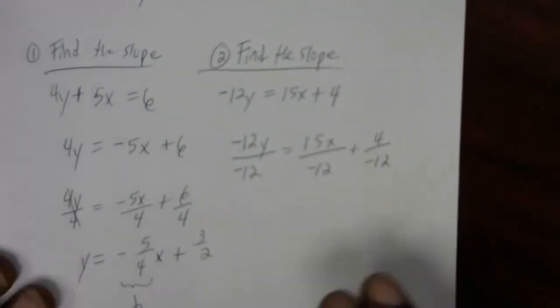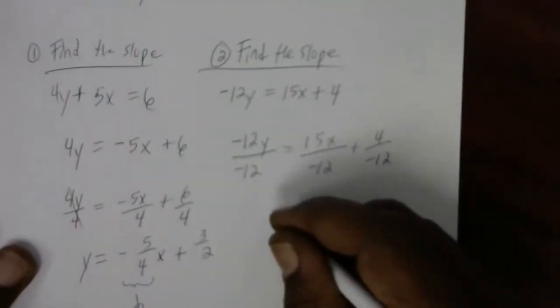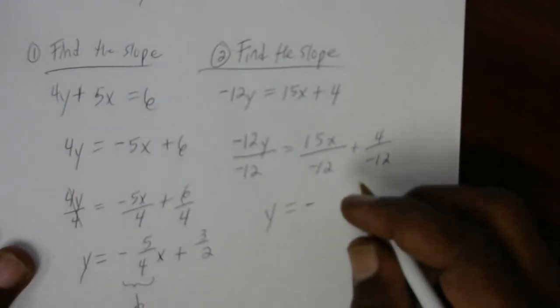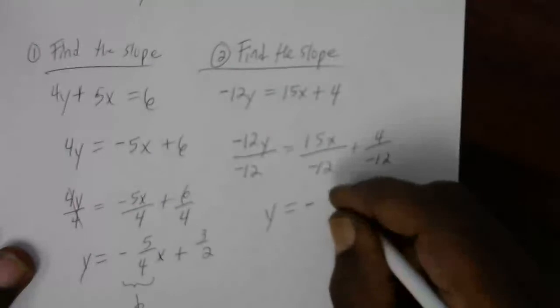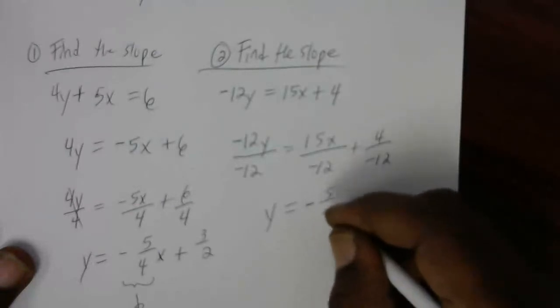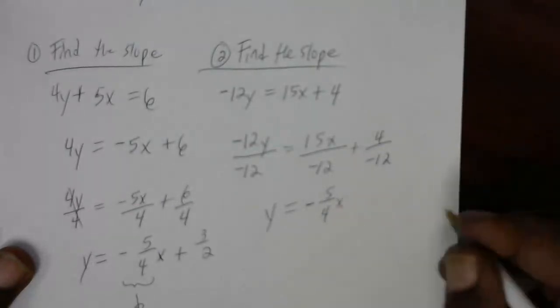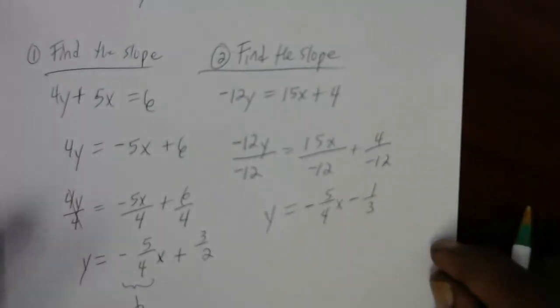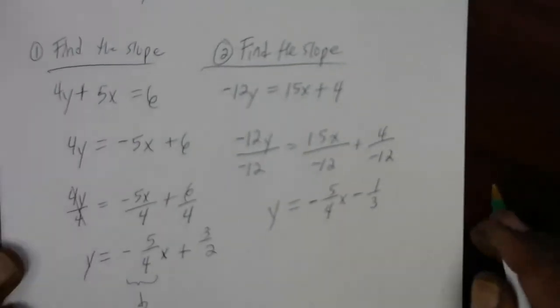Right, and I'm going to simplify. So we have y is equal to -5/4 x minus a third. All right, just reducing those fractions.